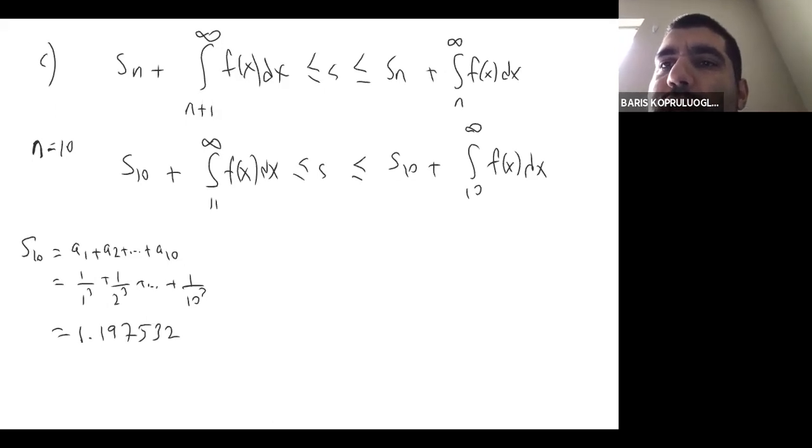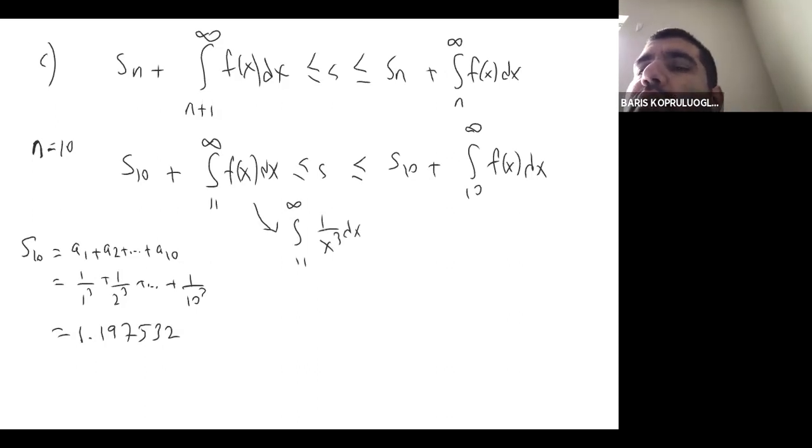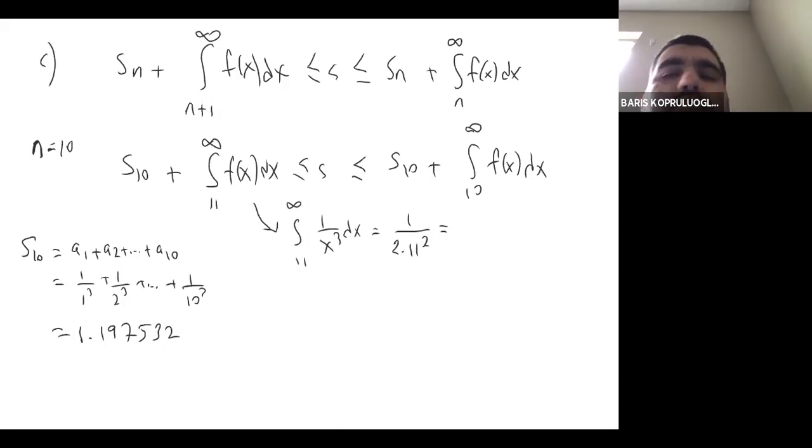And this guy right here, you know that it's the integral from 11 to infinity of 1 over x cubed dx, and we found the integral of 1 over x cubed dx as 1 over 2n squared, and here we have 11 as n, so it's going to be 1 over 2 times 11 squared, which is 1 over 242.